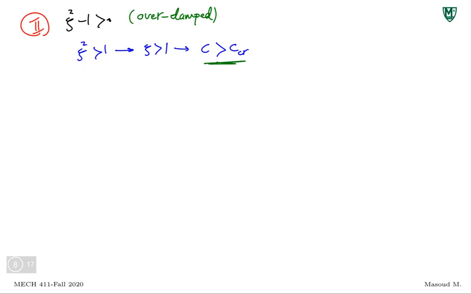Now, if you do this, you get the roots. The roots are going to be real valued: minus zeta omega n plus or minus omega n square root of zeta squared minus 1. Remember, this was the general form of the roots. Now, zeta squared minus 1 is greater than 0, so the square root gives you a positive value here.